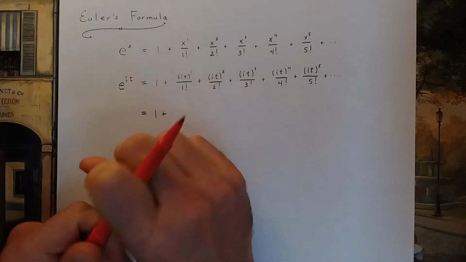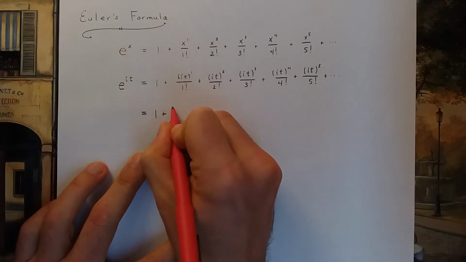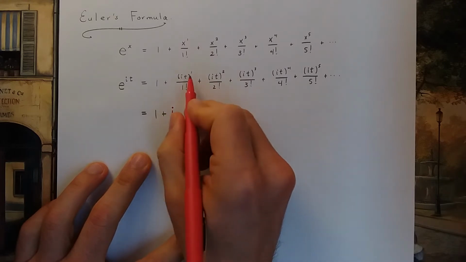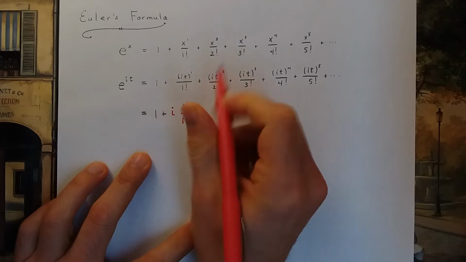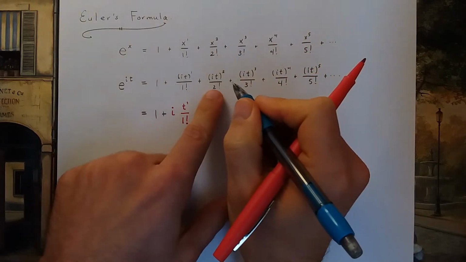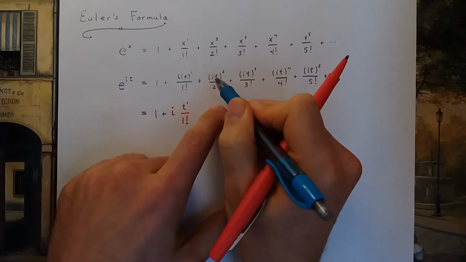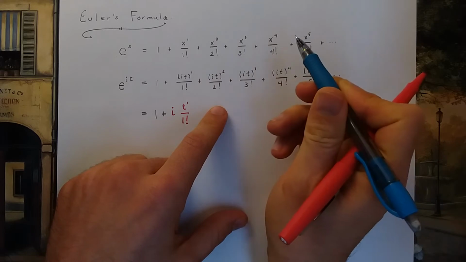So this term can really be written as i times t to the first over 1 factorial. The next term really doesn't have an i in it. I mean, it looks like it does, but when you square i, you get -1.